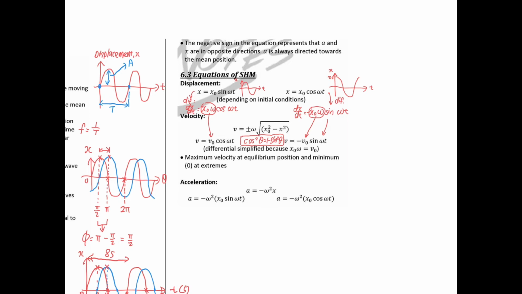Let's say I do it at the side here. Here I have v equal to v naught cos omega t. Cos omega t is equal to the square root of cos square omega t. I square and square root purposely so that I can use the trigonometric identity, 1 minus sine square omega t.